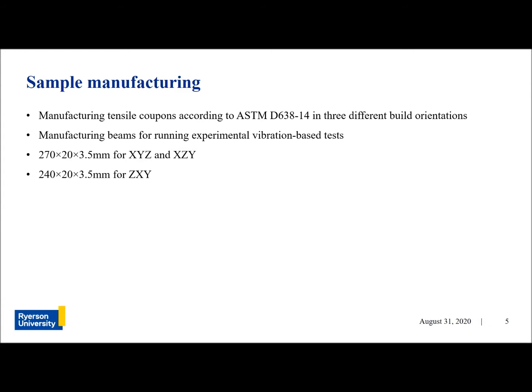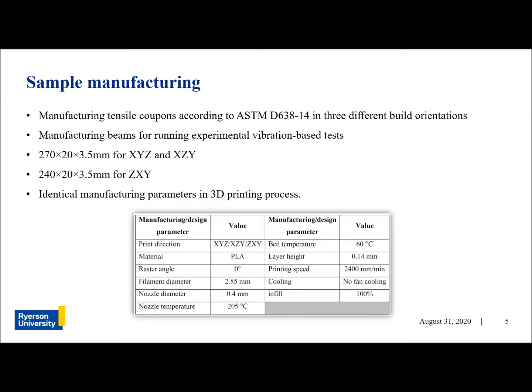And this did not have any effect on the analysis based on the non-dimensional frequency equation. As shown in the table below, the manufacturing parameters for both tensile testing and experimental vibration-based test samples are presented.